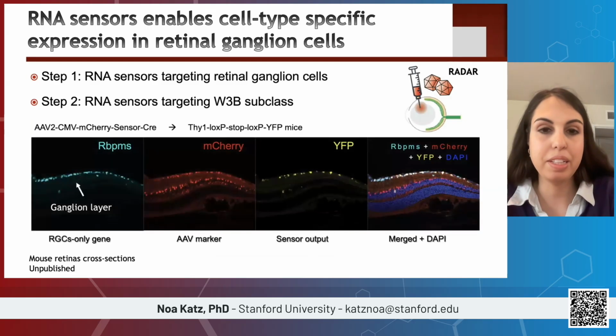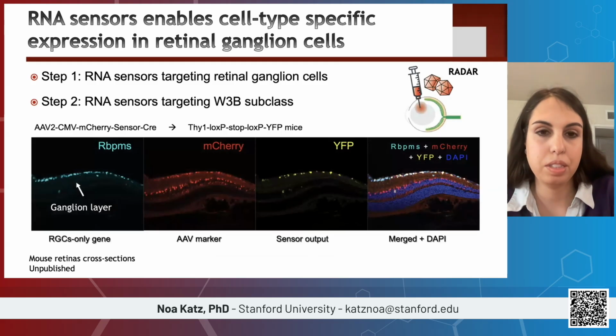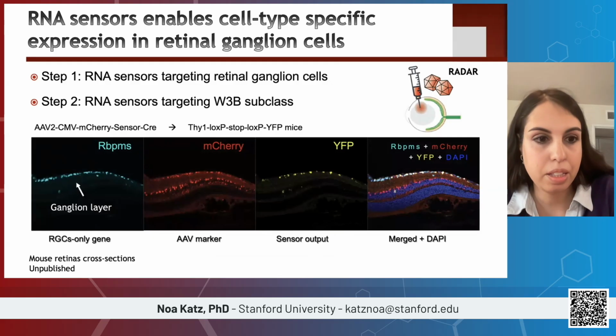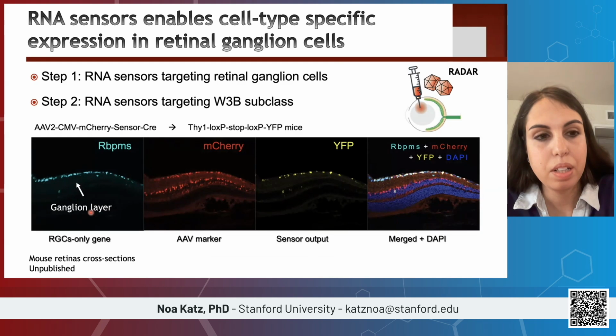So I'm showing you just one data set. I don't have time for more. Here we used the RADAR system, we used the sensor, and we injected mice in the retina via intravitreal injections. And here are the results. You can see the ganglion cell layer here in blue, as denoted by RBPMS positive. This is an RGC-only gene.